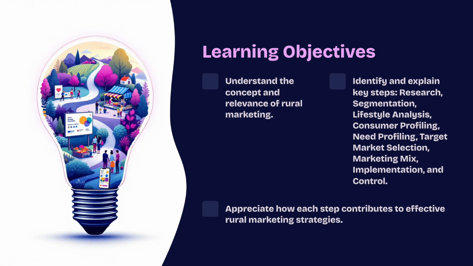Second, identify and explain crucial steps for this model, specifically research, segmentation, lifestyle analysis, profiling of rural consumers, need profiling, target market selection, designing or modifying the marketing mix, implementation, and finally, control. The third learning objective is to appreciate the distinct importance of each of these steps in developing modified and effective rural marketing strategies.